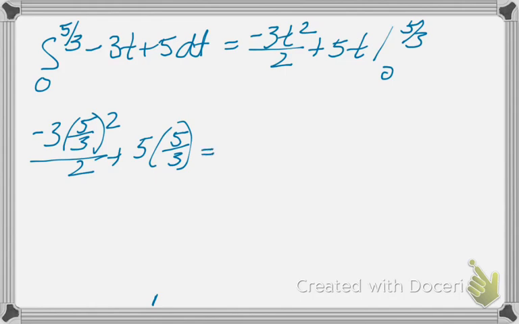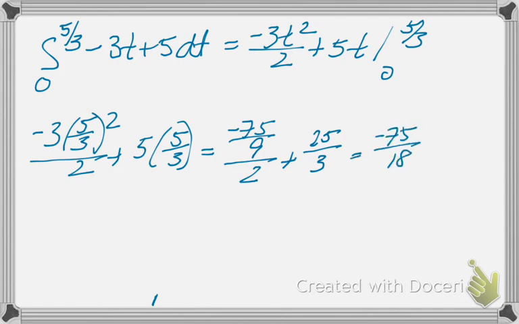Alright, so we're going to get negative 75 over 9, all divided by 2, plus 25 over 3. When you divide by 2, it's the same thing as multiplying by 1/2. So we're going to get this. If you want, we can simplify a little bit.